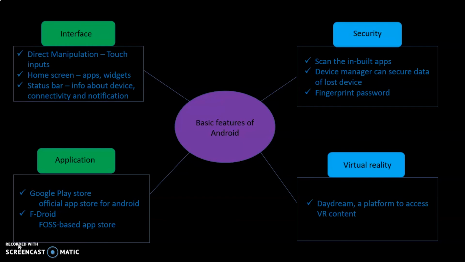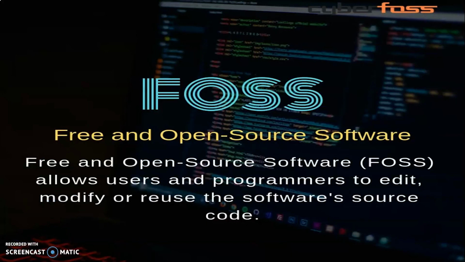So have you all clear, children? Yes? FOSS applications are nothing but free and open source software which allows the users or the programmers to edit, modify, or use other software's source code. The first freedom is that we can share these applications, the second is that we can use these applications for our purpose, and the third is the freedom to redistribute copies of the software to anyone, and also redistribute copies of the modified version to others.